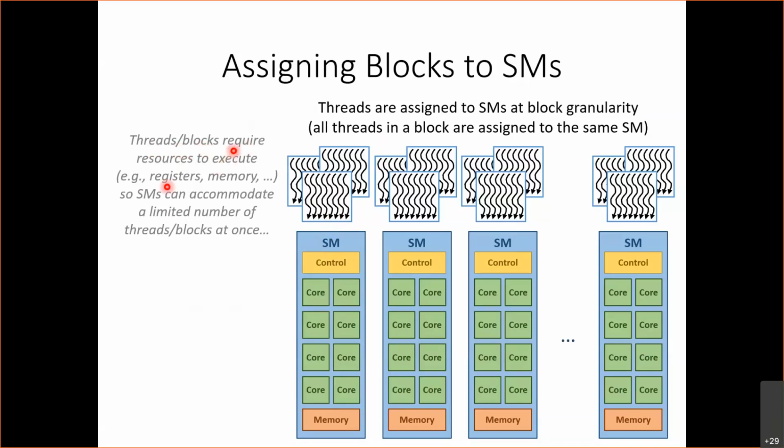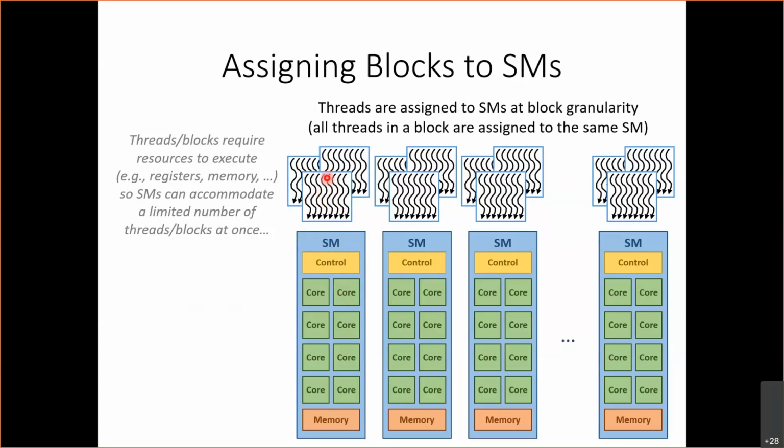The SM can only support a limited number of threads per block at once. Hopefully this answers the question from earlier about why there is a limited number of threads in a block. Part of the reason is that all the threads in the block need to run on this SM, but this SM has a finite amount of hardware, so it can support a finite number of threads at the same time.